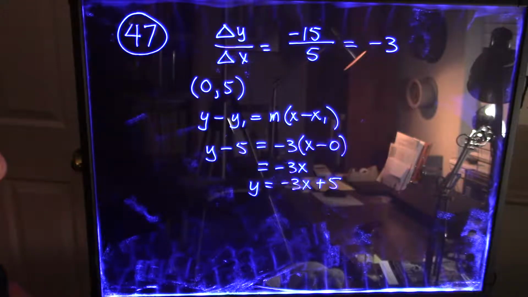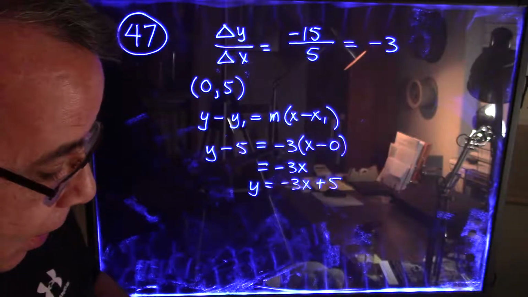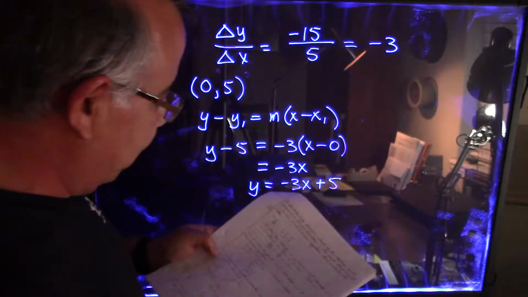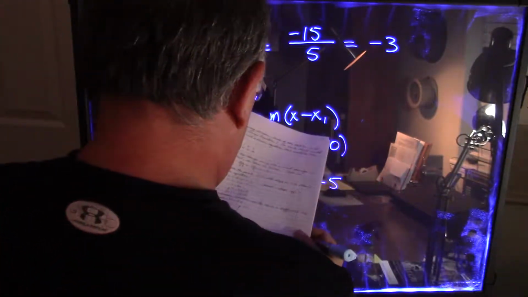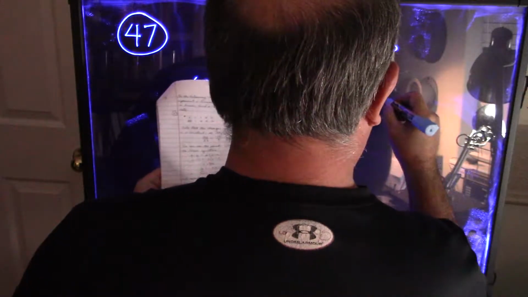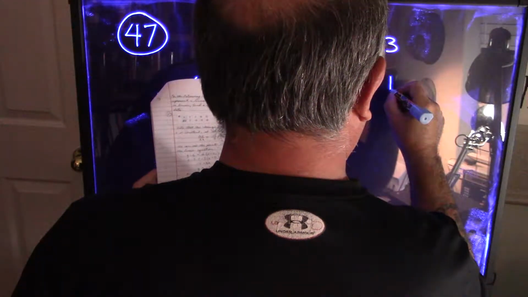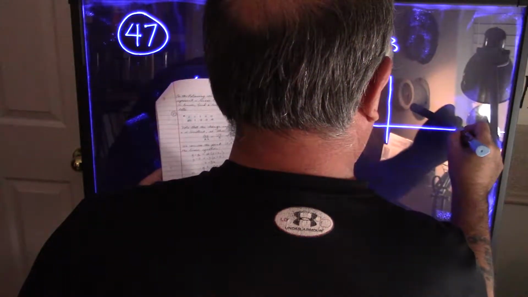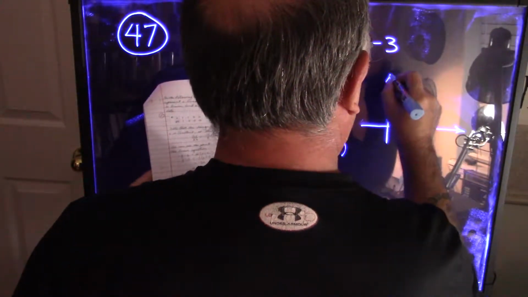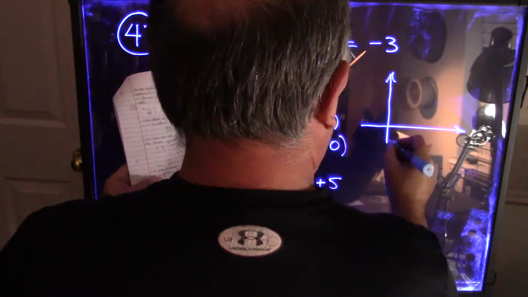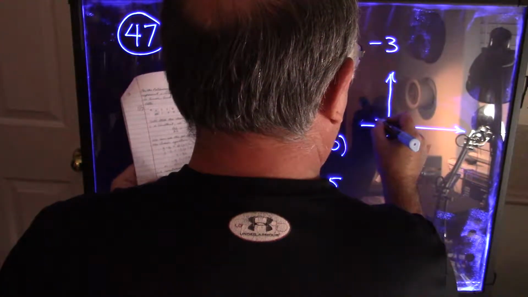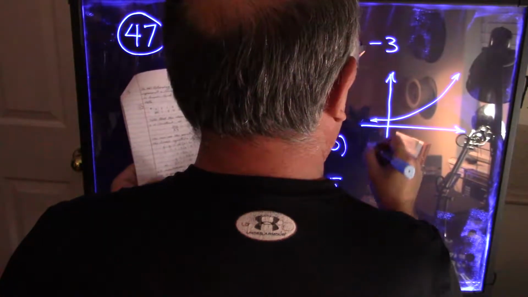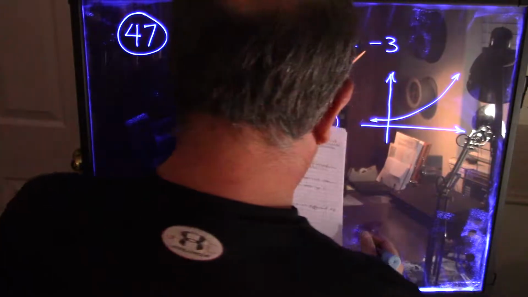Now let me elaborate a little bit on what I said before about determining whether or not you have a linear function. Alright. So let's do it over here in the corner. Let's say you have a nonlinear function like that. Okay.